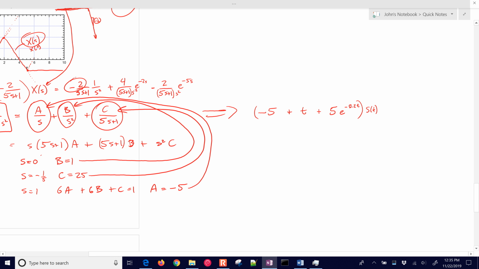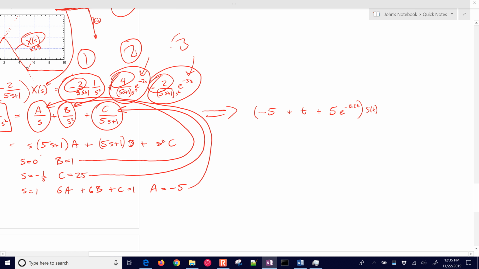Now I'll just multiply by -2, 4, and -2, and then apply the time delays at the appropriate point. So the very first term, I'll call this term 1, 2, and 3. There's term 1, term 2, and term 3.